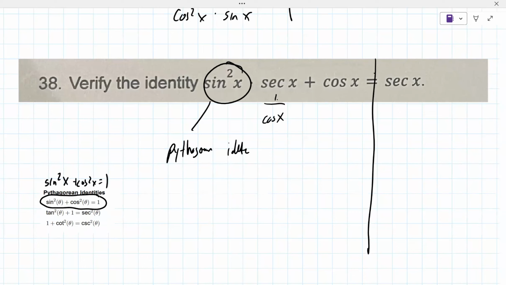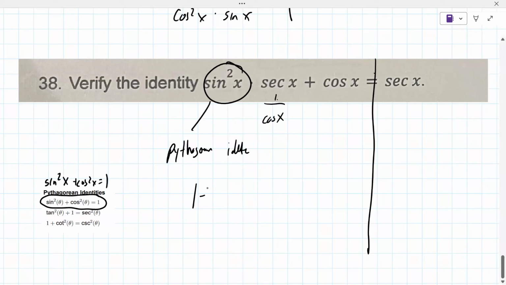Okay. So what is it when we solve for sine squared x? What does this become when you solve for sine squared x? 1 minus cosine squared x. Yeah, that looks good because we already have kind of a cosine there.